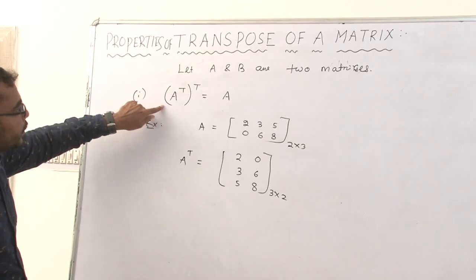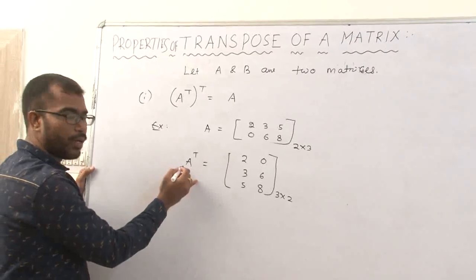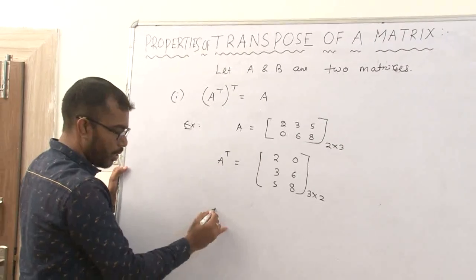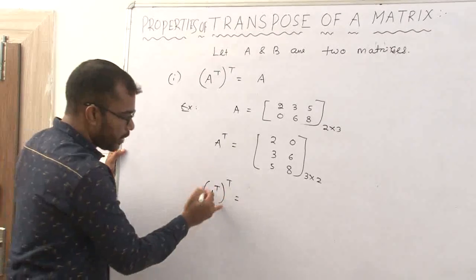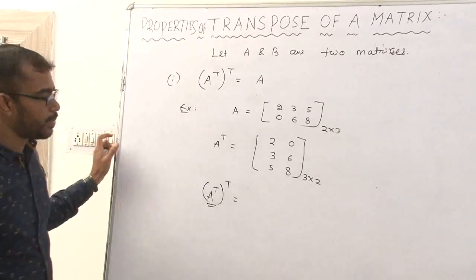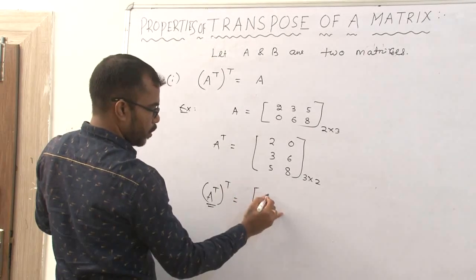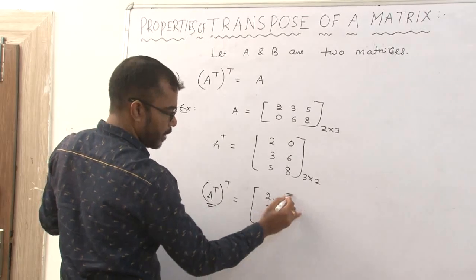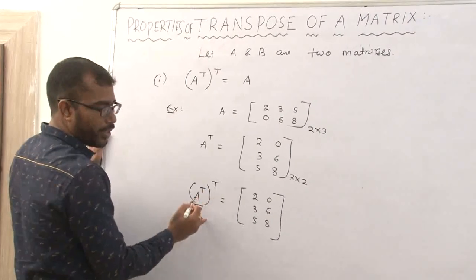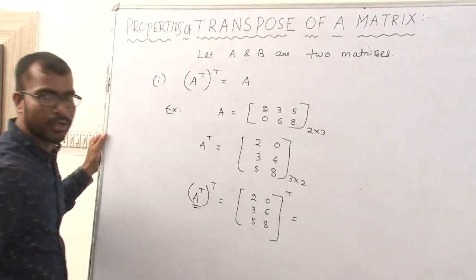Now we have to find the transpose of the transpose, that is (A^T)^T. First we find A^T, inside the bracket. The value of A^T is 2, 0, 3, 6, 5, 8, and we take its transpose.